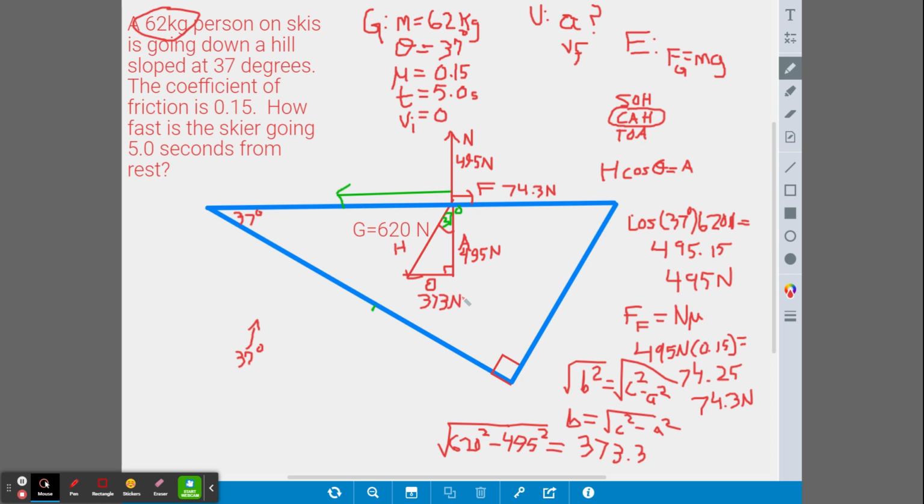So the net force, let's see, the total net force. These two will cancel out. So the net force is going to be 373. So F net equals 373 newtons minus 74.3 newtons.